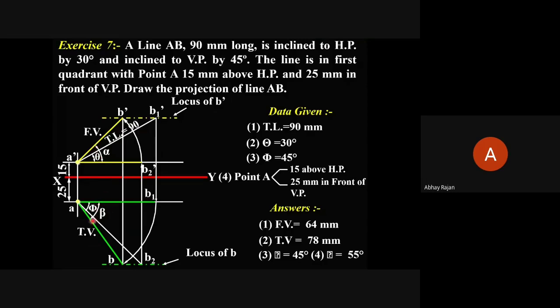Similarly beta. So beta and alpha are the angles made by the front view and top view in the final projection, and theta and phi are the true inclinations, as well as the 90 mm is the true length, and this is the apparent length. For the front view we also call it the elevation length, so A dash B dash is our elevation length, as well as AB is going to be our plan length. Clear or not?